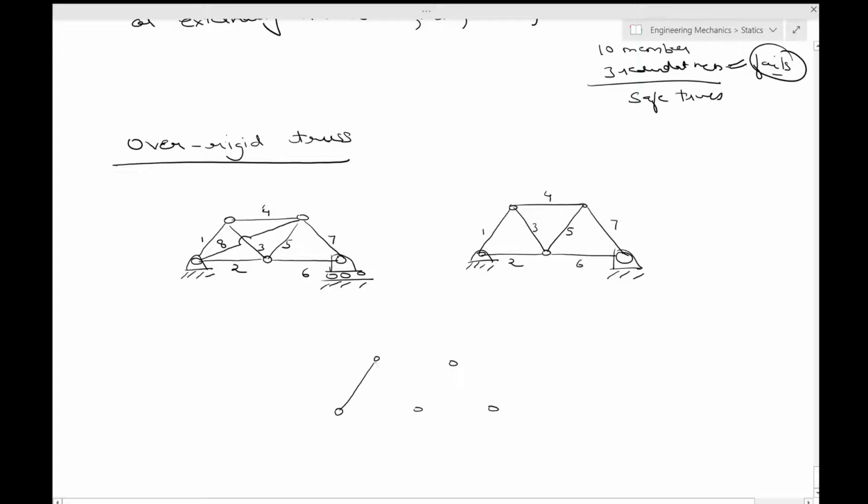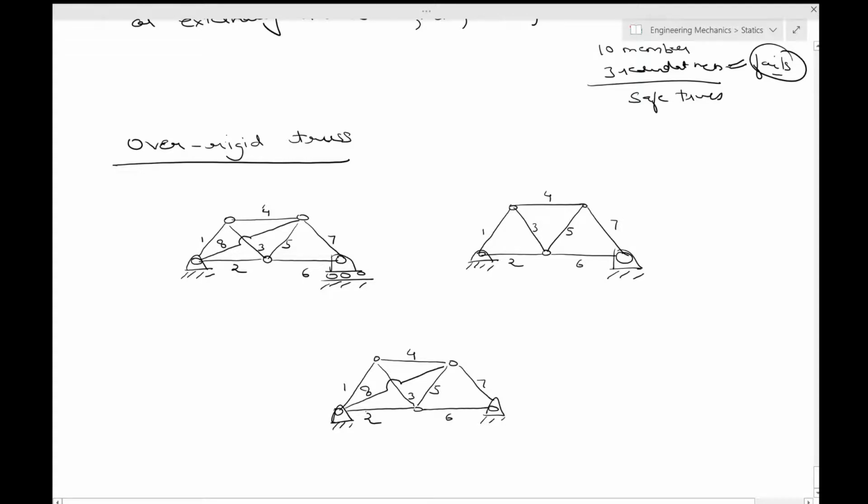Okay, so we're drawing similar ones so that they are easy to relate, since the purpose is to understand at this stage. And then we have this similar one. So let's call it 1, 2, 3, 4, 5, 6, 7, and 8. So I hope you can see the constraints and the members and the joints in all three of them.